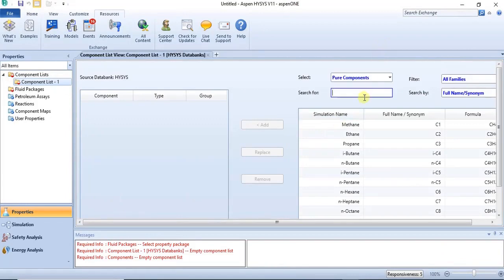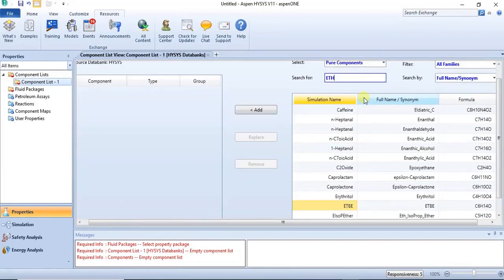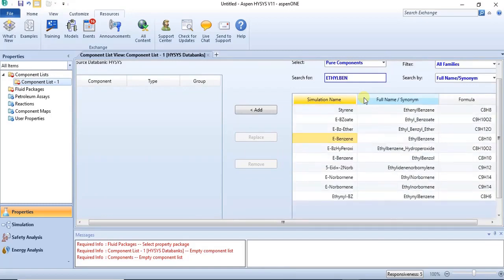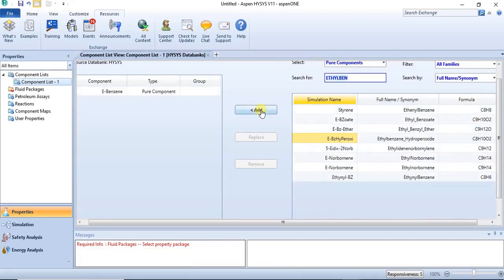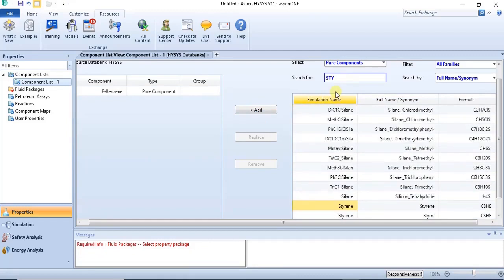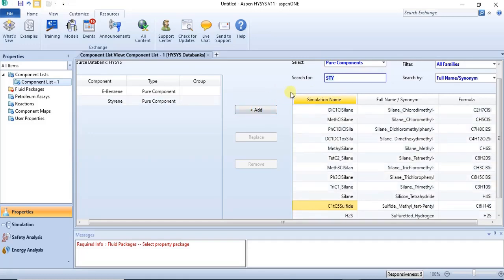So let's add the reactants and products. We have ethyl benzene, to give you styrene, and hydrogen, right?